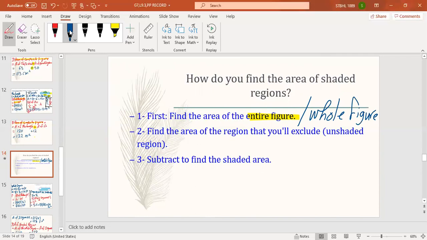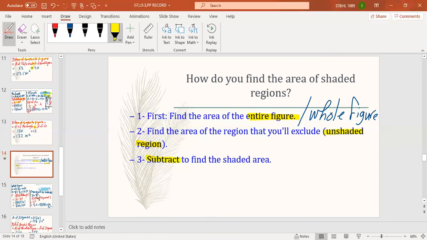And then find the area of the region that you will exclude. It means find the area of the unshaded part. And then subtract to find the area of the shaded region.